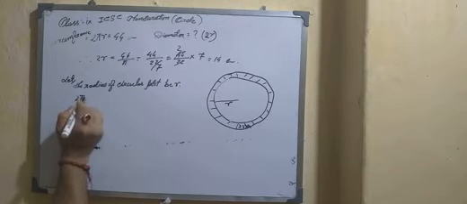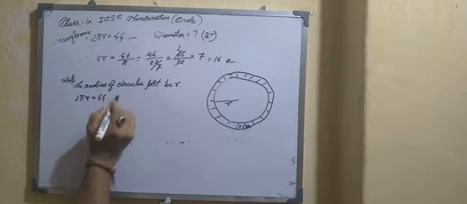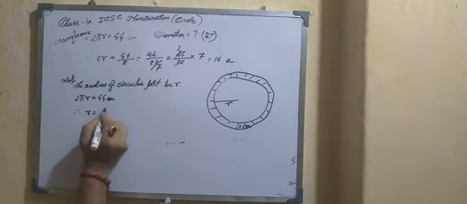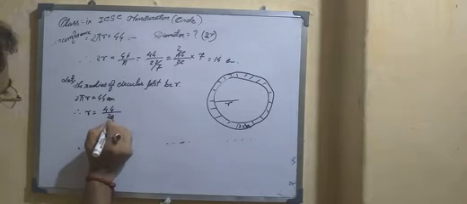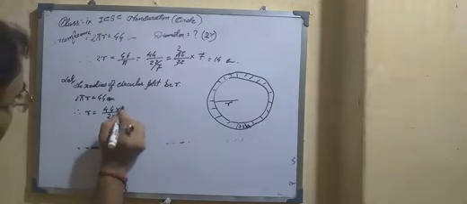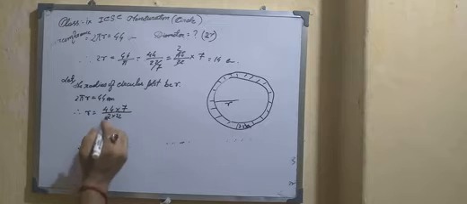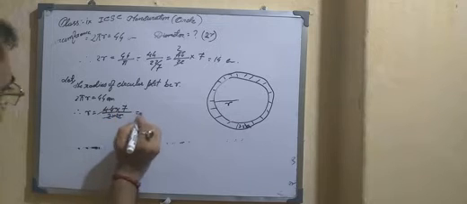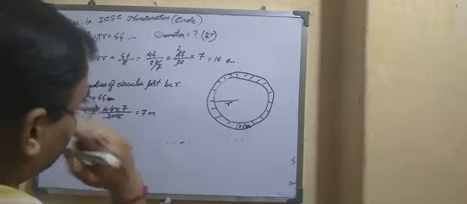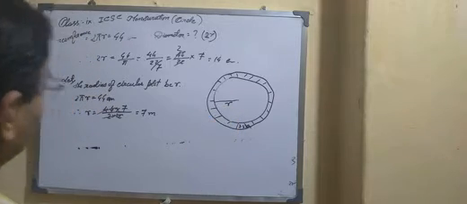Therefore 2 pi R equal to 44 meter. Therefore R equal to 44 by 2 into 22 upon 7. Okay, so that is 7 meter. So that means R equal to 7 meter.